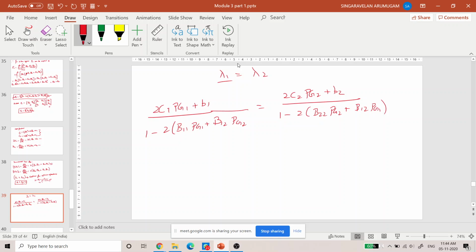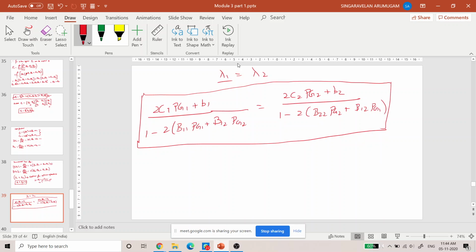And one more condition, this is also a very important constraint you need to take care of. I will mark this as equation 1 for solving this type. That is constraint 1, and one more constraint is the equality constraint.